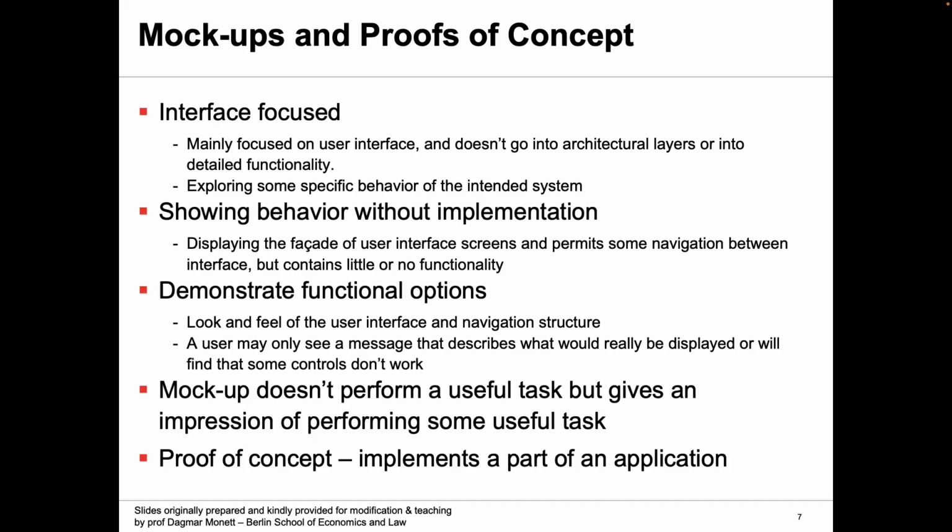So for example, if you're making a website for your client, you can show them what your homepage and the contact us page are going to look like, just to give them an idea of how they can interact with the web page as a user. And there is nothing more to it. It doesn't go into defining the functionality behind them.